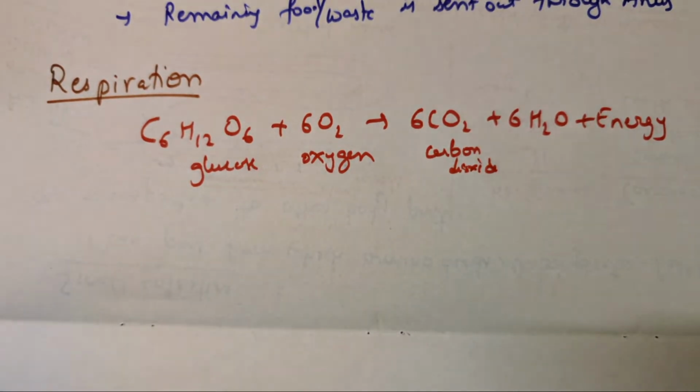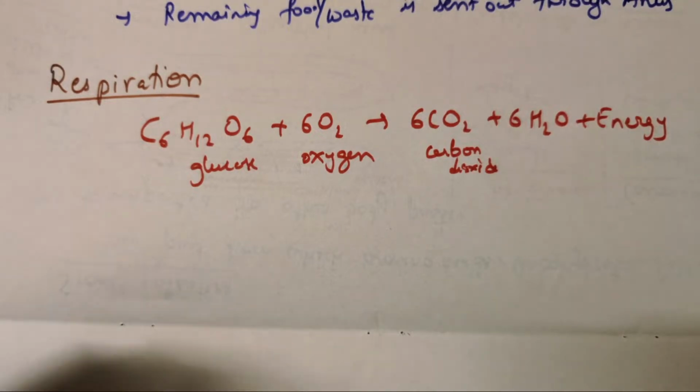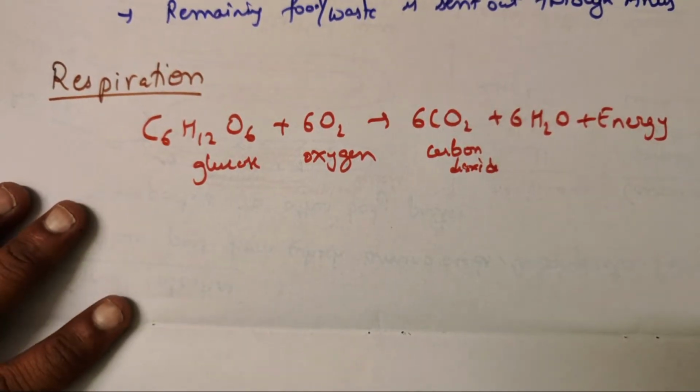But in detail, it will not be so easy. We have some more steps in between, and only then will we get the energy. So how is it being done?